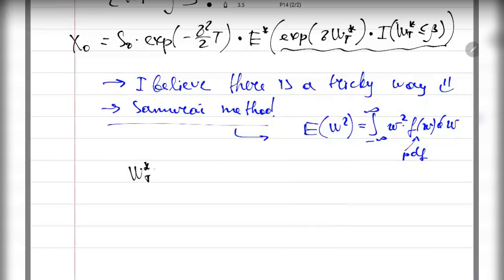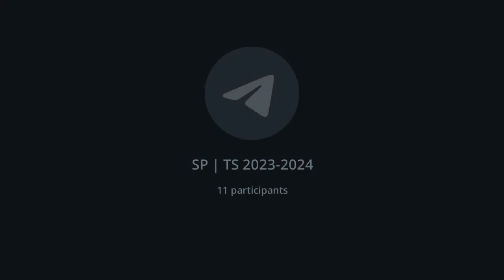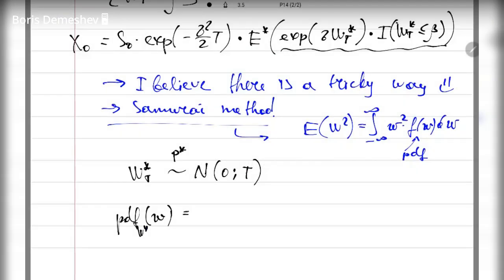If you remember, WT star under probability measure P star is a Wiener process. So it has normal distribution with mean 0 and variance T. So the PDF of W star at the point W is given by 1 over square root of 2 pi T multiplied by exponent minus W squared over 2T.